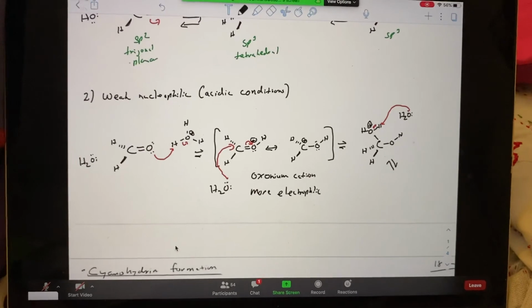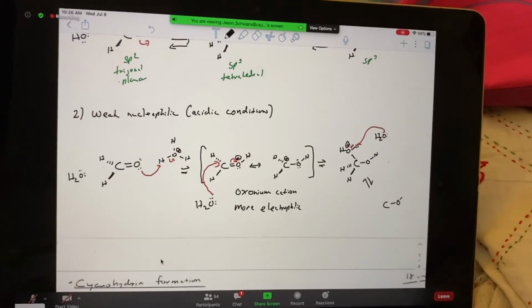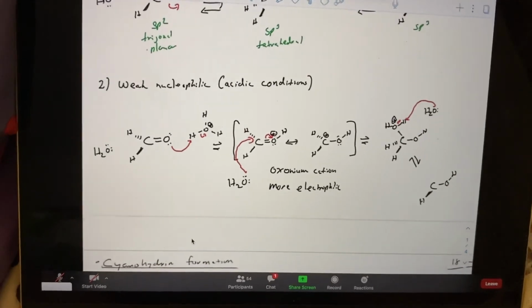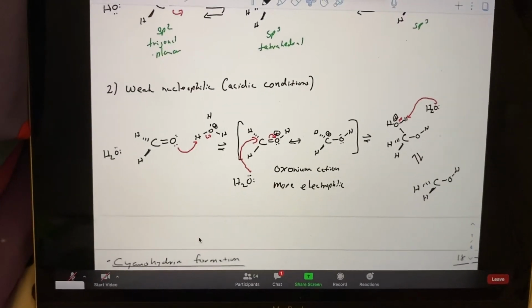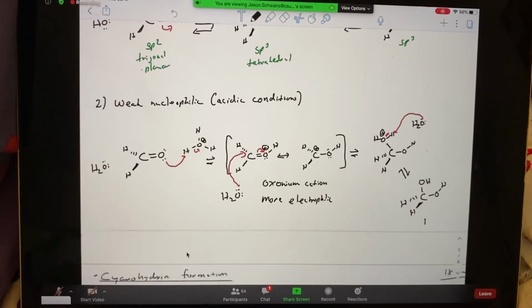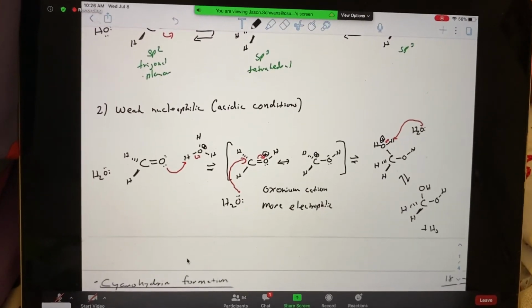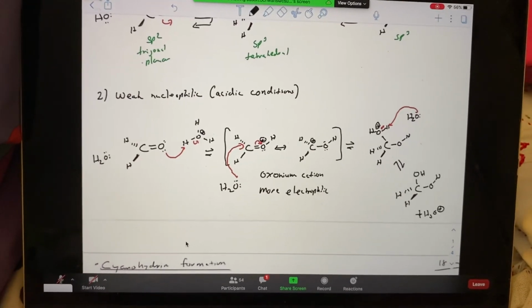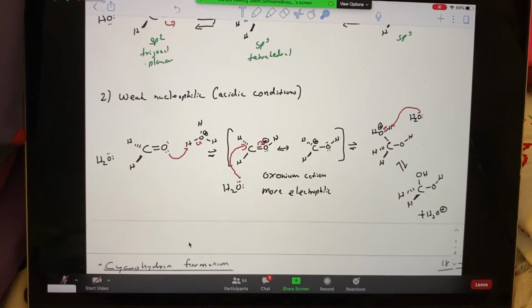I'll try to scribble it down here. OH. We'll just keep it on that side. Plus H3O plus. All right. So that's the final product.